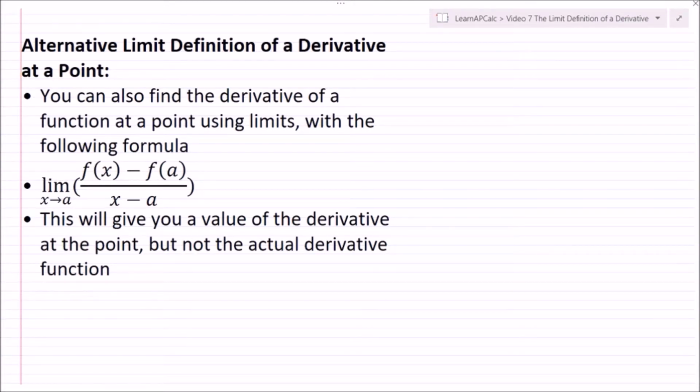You can also find the derivative of a function at a point using limits with the following formula: f of x minus f of a all over x minus a as x goes to a. And this will give you the value of a derivative at a point, but not the actual derivative function. So this is useful to know if you only wanted the derivative at a point, and this is certainly good to know. So definitely be familiar with the formula there.